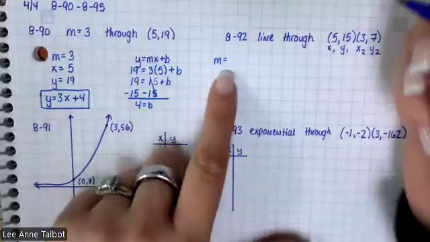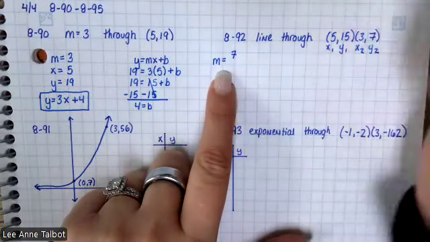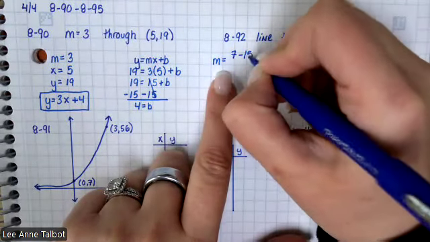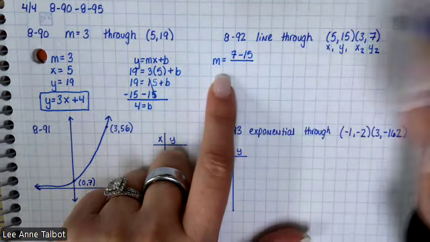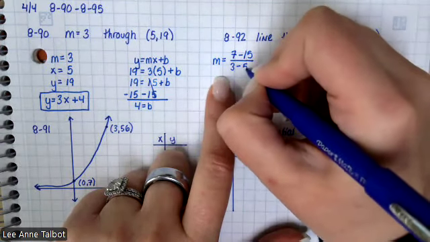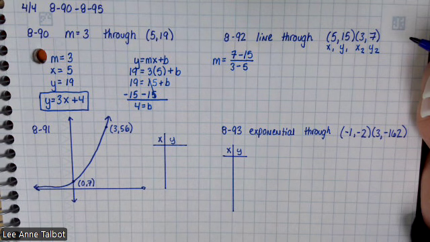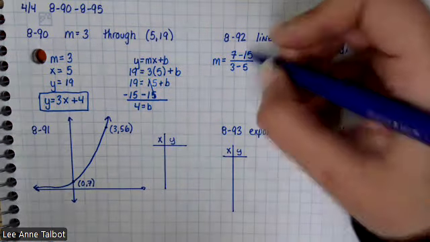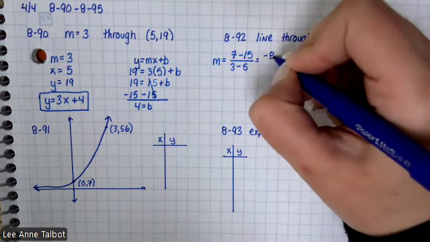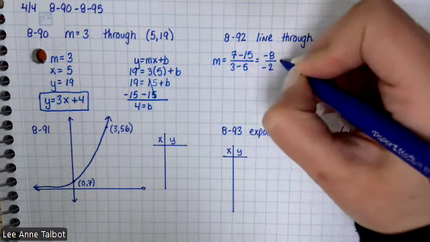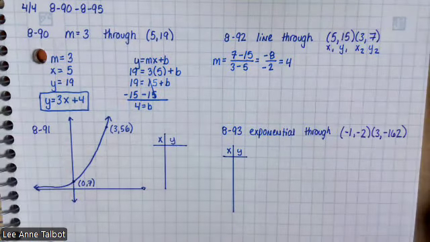M equals Y2 minus Y1 over X2 minus X1. Negative 8 over negative 2 is 4.